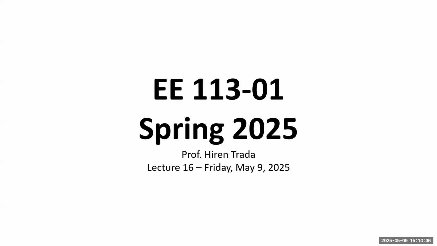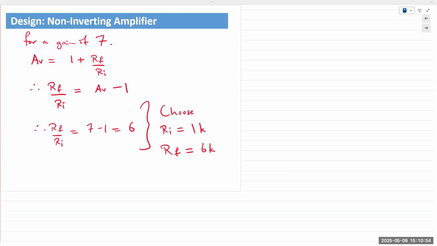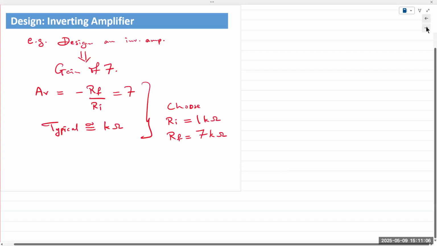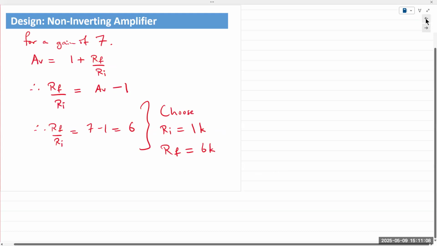All right, so let's resume our analysis with the design. We had stopped here. We had looked at the inverting amplifier and the non-inverting amplifier.